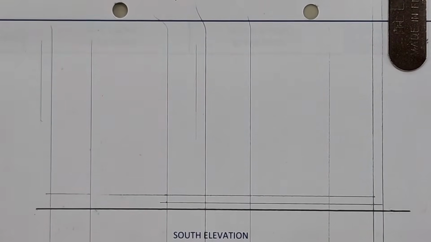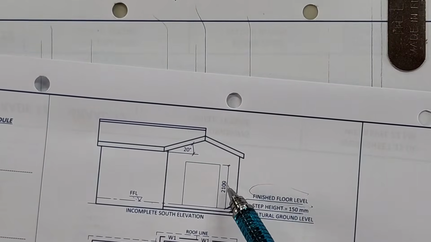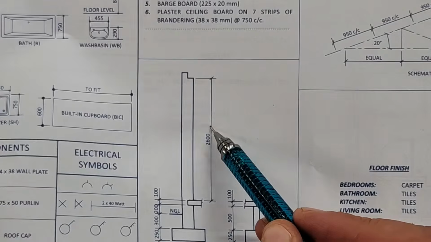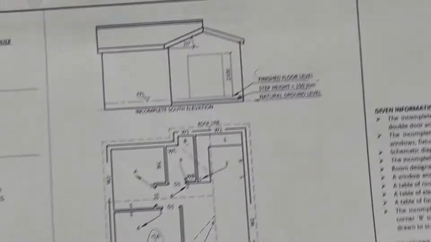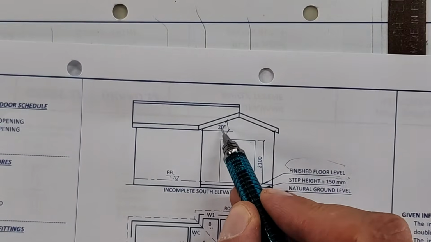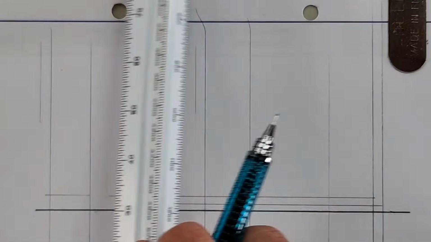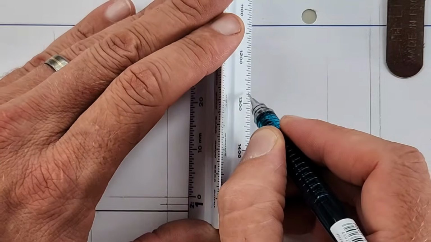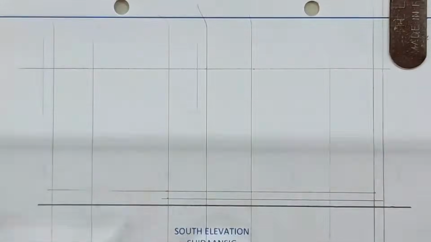Okay, let's get going here. Alright, the height, we've got 2,100 for the height of our door. How do I determine this height here? Well, it's going to be this 2,600 that's at the bottom of the wall plate. Okay? And then there's a 20 degrees from there. So from here it's 2,600, then 20. Construction line running all the way through.